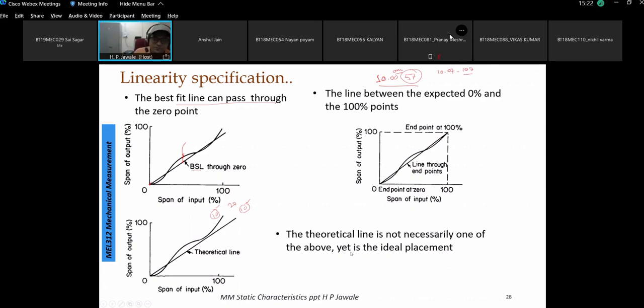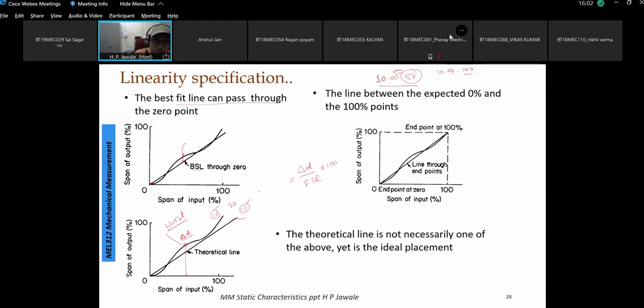but it can be said that we have found the best fit line, or the straight line characteristics of the instrument, and then we can find the maximum possible or worst possible deviation, which we can specify. Generally this is specified in terms of the error. If I find this deviation, let us say del D, the worst possible deviation for any input, then we find this del D over the full scale reading and express that as a percentage.